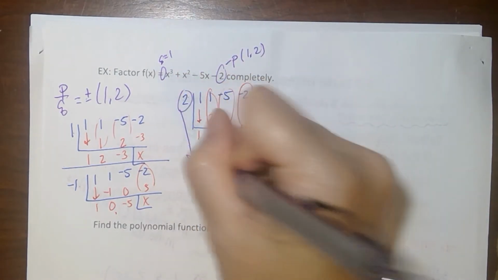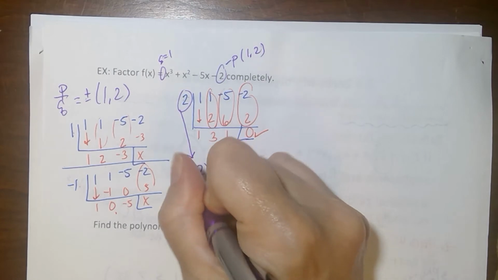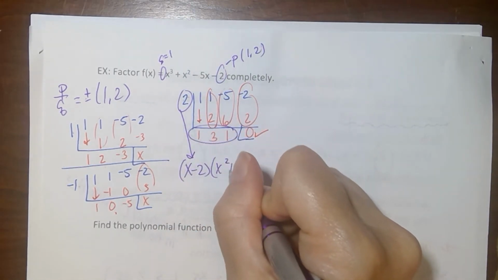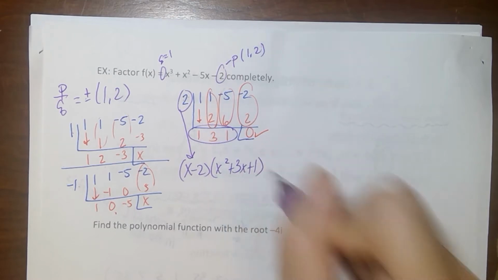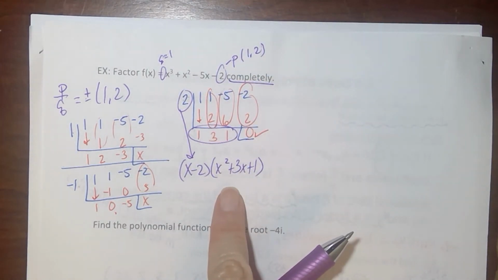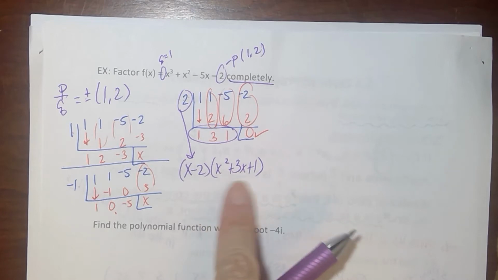So this factor would be x minus 2. And this quotient gives me x squared plus 3x plus 1. Okay, we need to finish factoring because we're told to factor it completely, which means I need to factor this quadratic. But when I'm looking at this, that's not factorable.